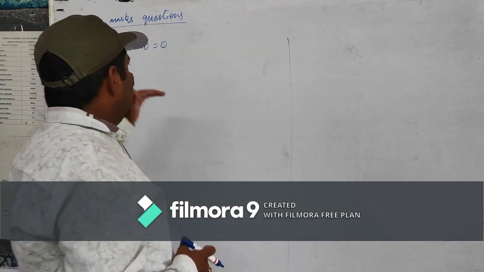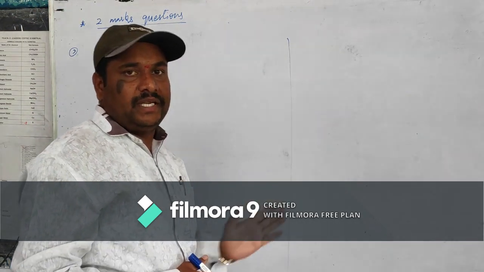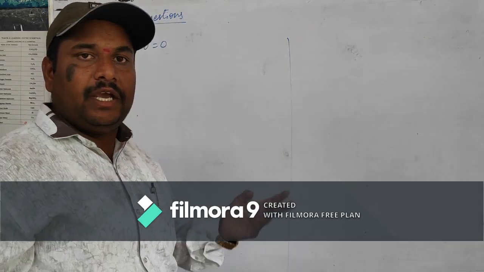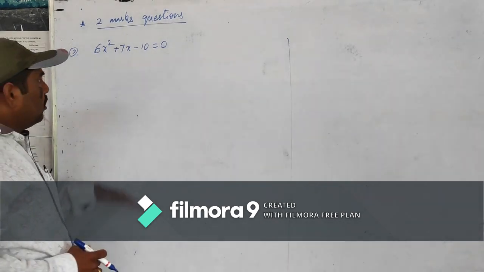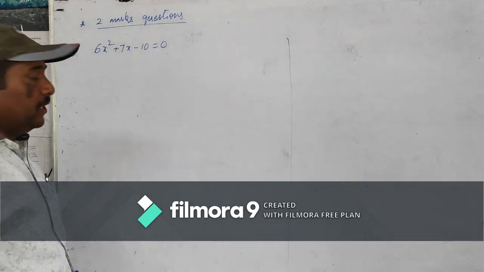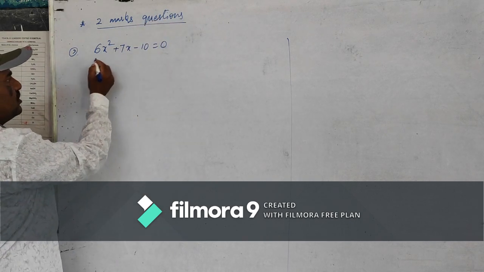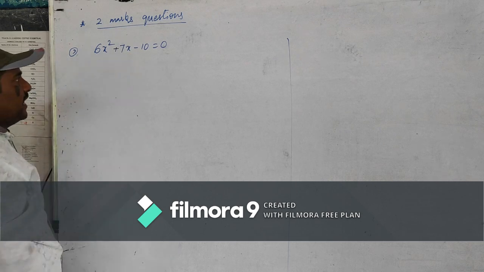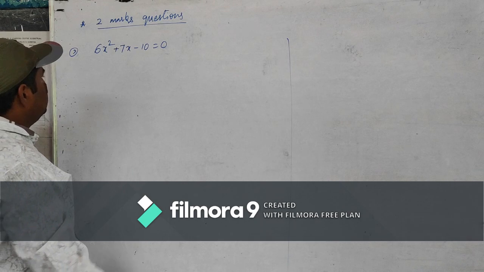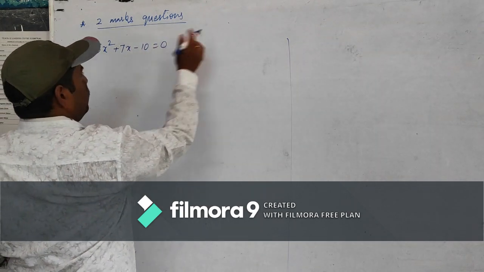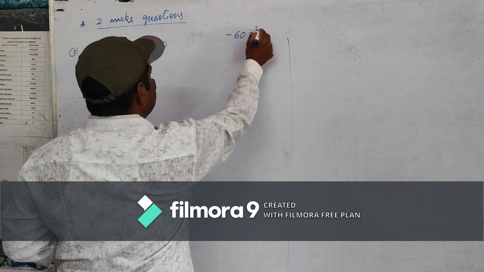Let us see here. In this question, they didn't mention any specific method here, so you can use any of the 3 methods. Now here I am going to solve this question by factorization method. Now in the factorization method, you have to split up the middle term here. Already I told you in the yesterday class. Now product of first and last term is minus 60 x square.